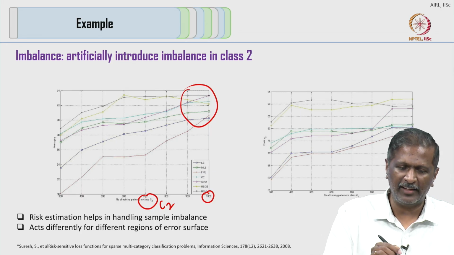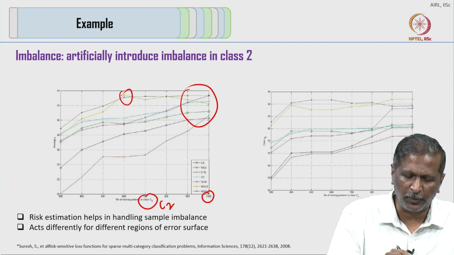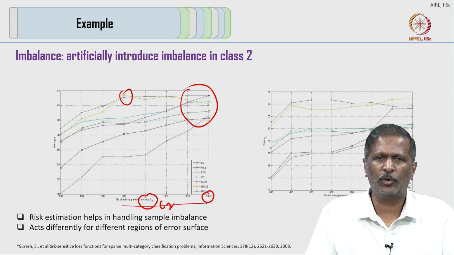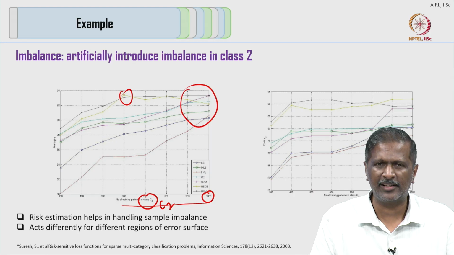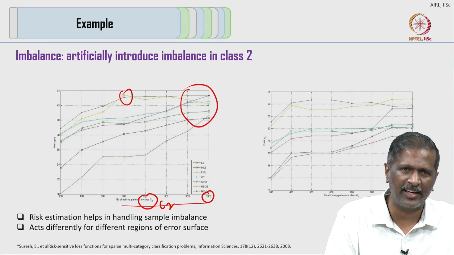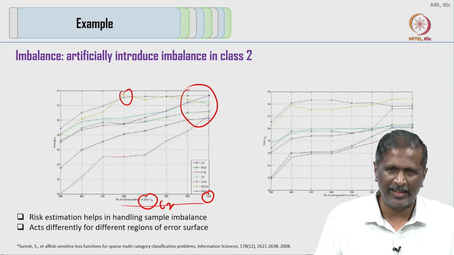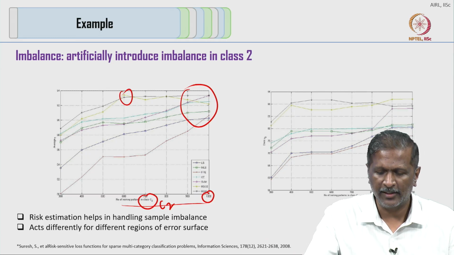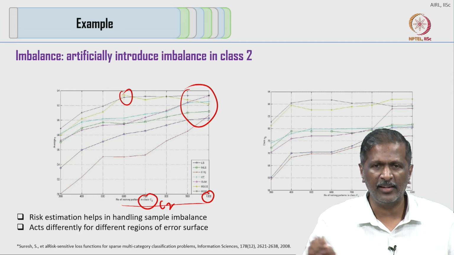Even the hinge loss function is still able to manage up to 600. But if you don't have good data representation, the performance starts decaying. The only difference is that the rate at which it decays is lower when compared to least square. That's the drop in performance we observed.